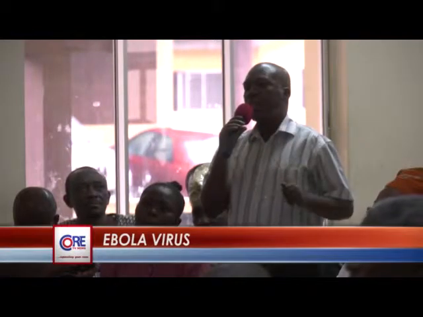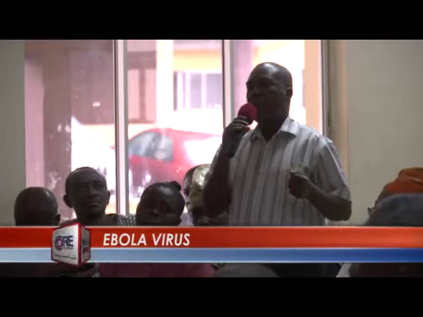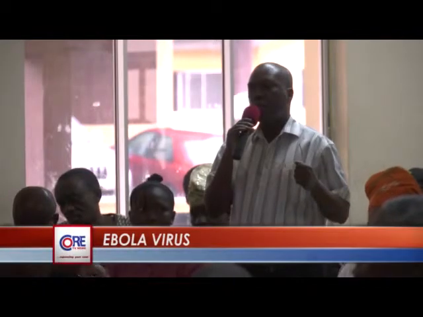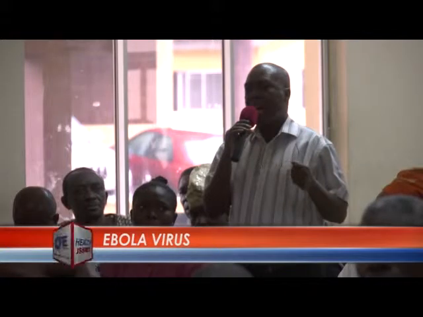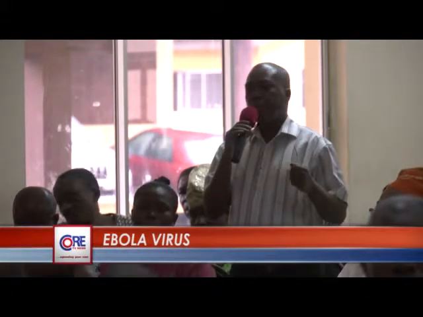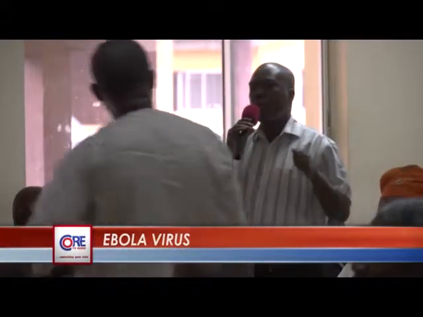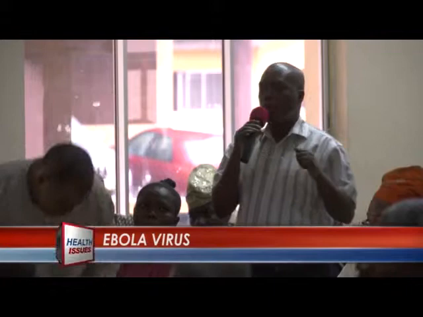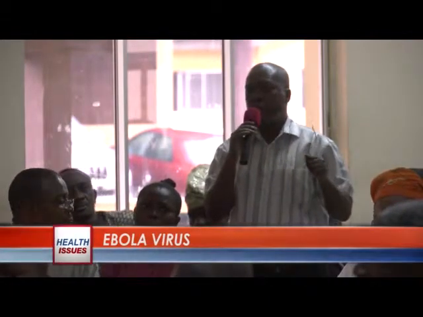And if you consider the environment where a lot of the people depend on bushmeat for their livelihood, they do subject this meat to very high temperatures before they consume it. How come this virus has been able to come out of the villages and is now moving to the urban centers?